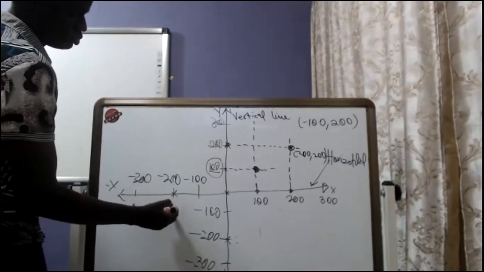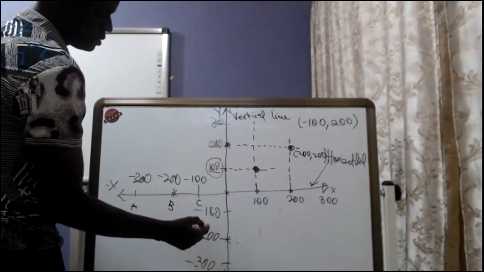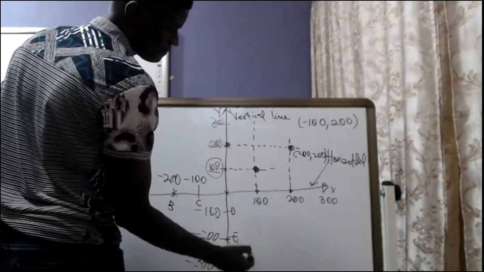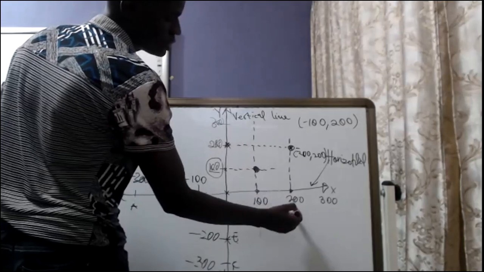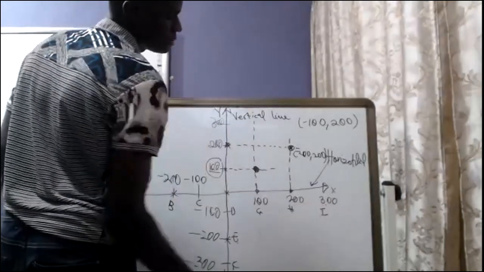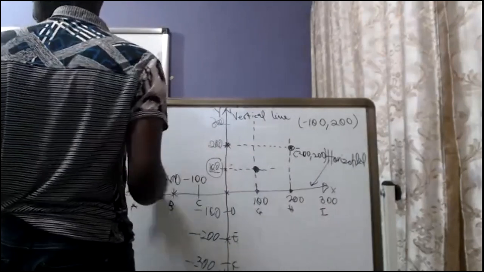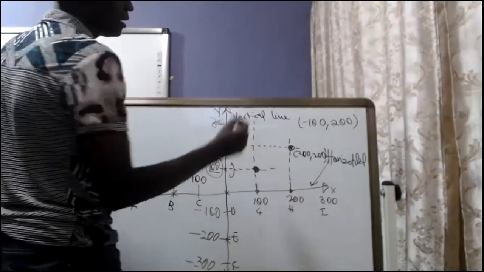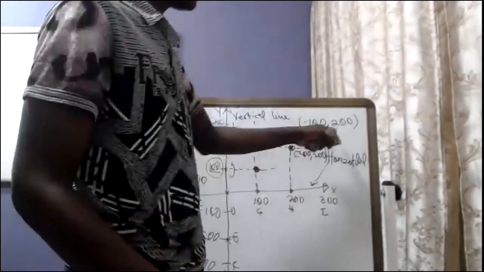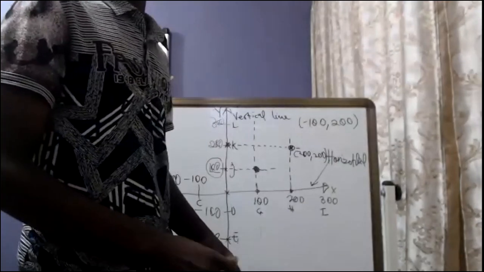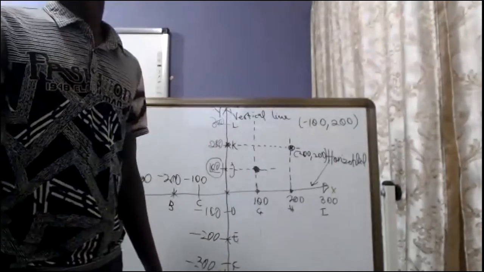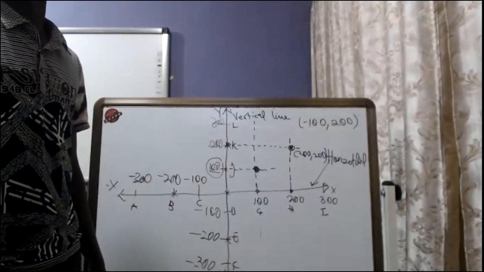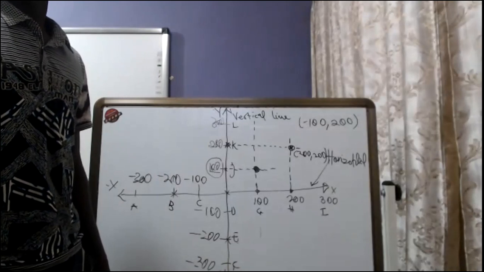A, B, C, D, E, F, G, H, I, J, K, L. So negative 100 and 200, which ones will it be? If you know it, raise your hand and I will call you.